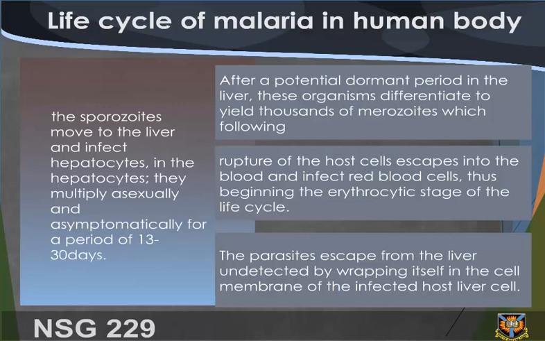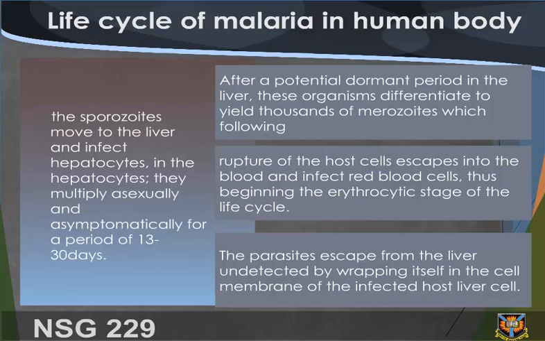In the hepatocytes, they multiply asexually and asymptomatically for a period of 13 to 30 days. After a potential dormant period in the liver, these organisms differentiate to yield thousands of merozoites, which, following rupture of the host cells, escape into the blood and infect red blood cells, thus beginning the erythrocytic stage of the life cycle.